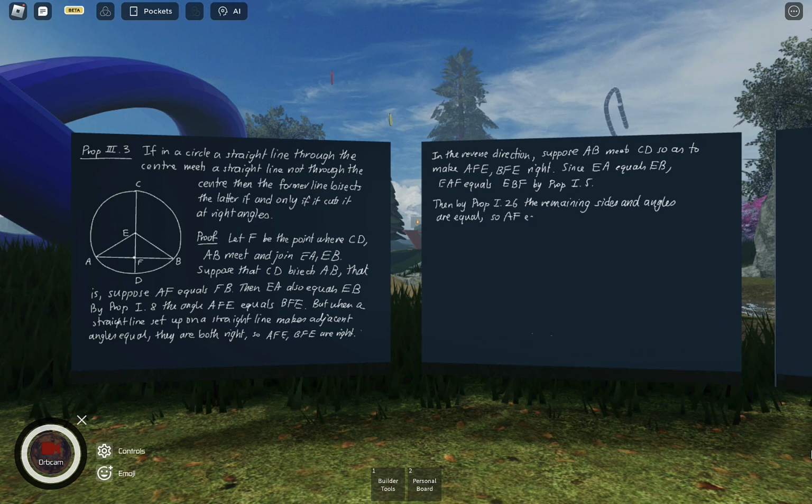So AF equals FB, as claimed. All right, so the line is bisected if and only if the angle at which those two lines meet are both right.